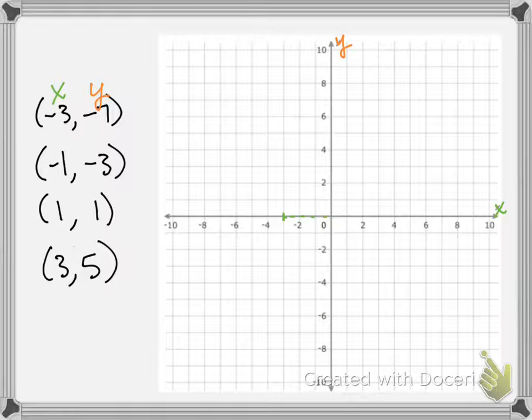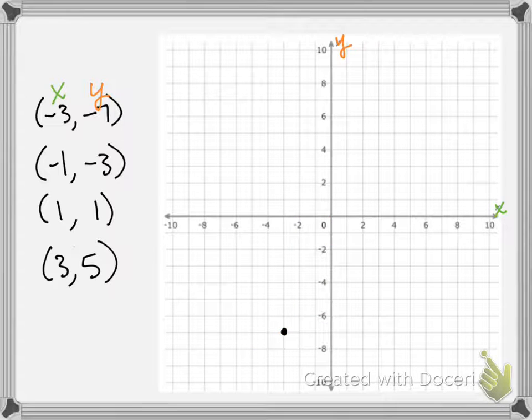Now I'm going to go to my y, and this is -7, so I start at the origin and I need to go down until I get to -7, which is in between -7 and -8 right here. All right, I'm going to draw my guidelines. So here at -7, the line is going to go across. And then at -3, our guideline is going to go down. And I can see that these two guidelines cross right here. So that's where my point is going to be.